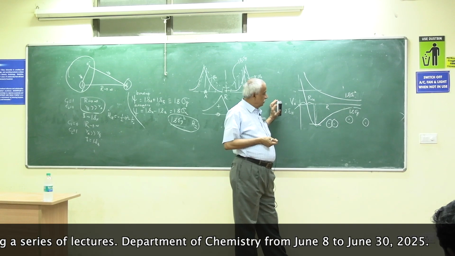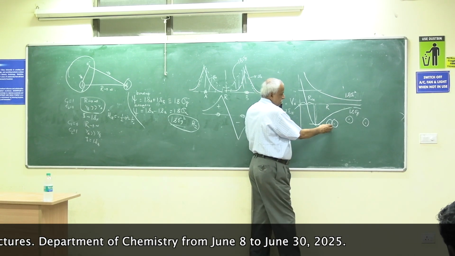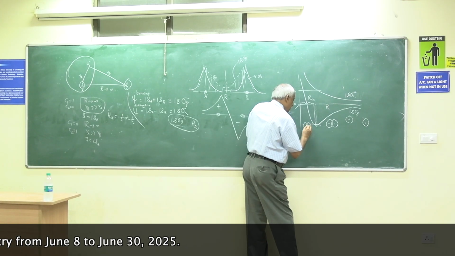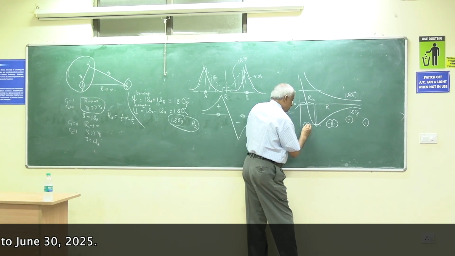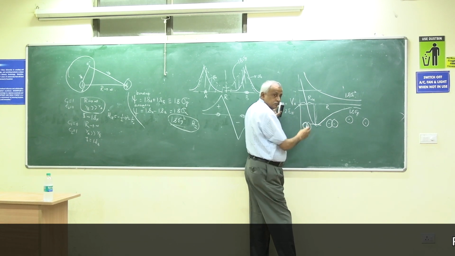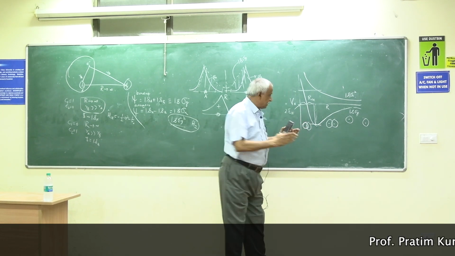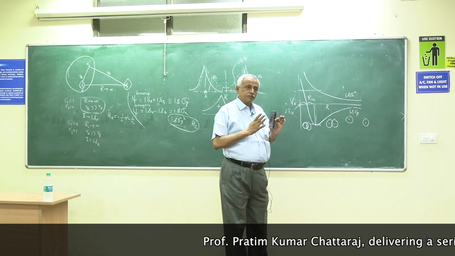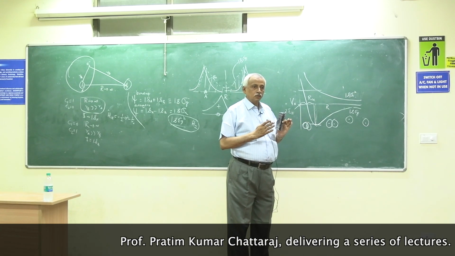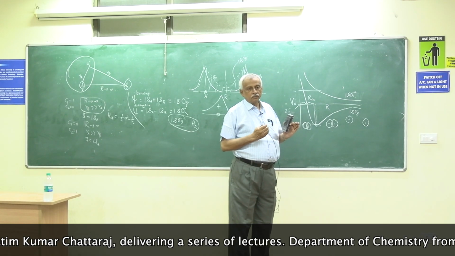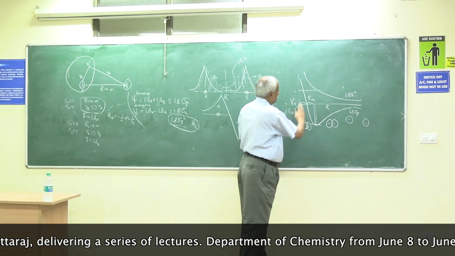Here there would be balance. But after that, if you squeeze, the capital R is so small that the two nuclei are creating lots of nuclear repulsion, which cannot be compensated by electron-nuclear attraction, and it goes up.